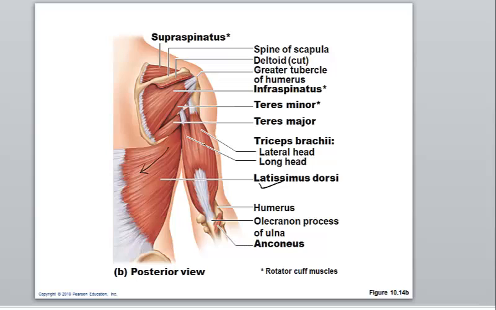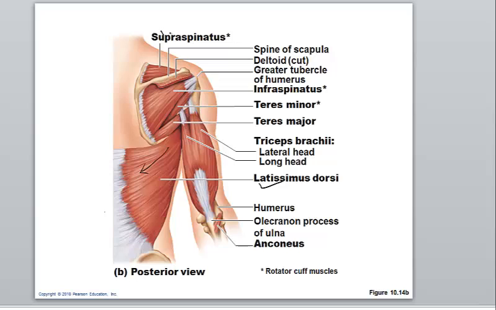That means its function is to move the humerus. So it has to cross the joint if you want that joint to move. That's basically what you're seeing over here. So latissimus dorsi crosses the shoulder joint, again attaches to the humerus, hence it is for extension. Okay. The muscles that are found in your arm, in your humerus, we'll talk about that in a minute.